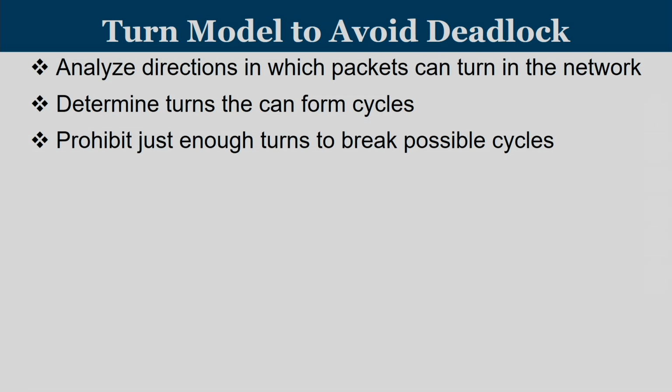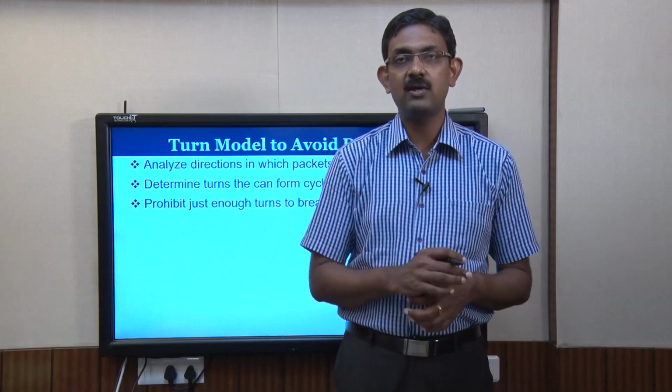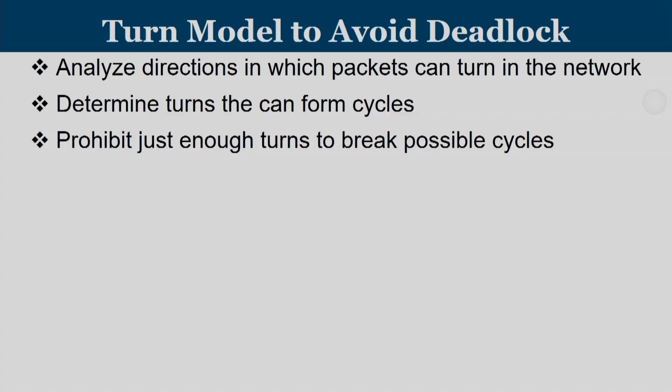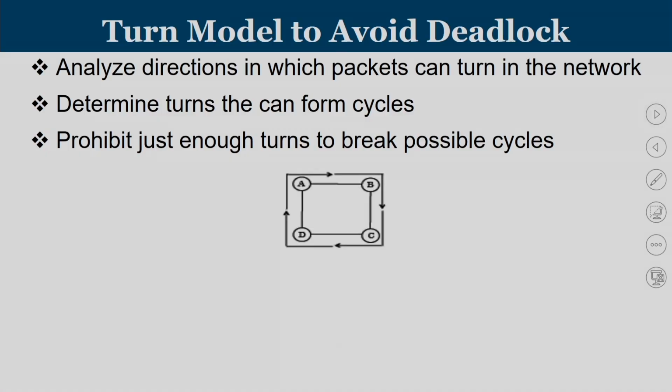Another classical approach: since dimension order routing is highly restrictive in nature, another set of algorithms were proposed, known as the turn model. In clockwise dependencies and in anti-clockwise dependencies, one among the turns is prohibited. We know that these are the turns that happen in order to form a deadlock.